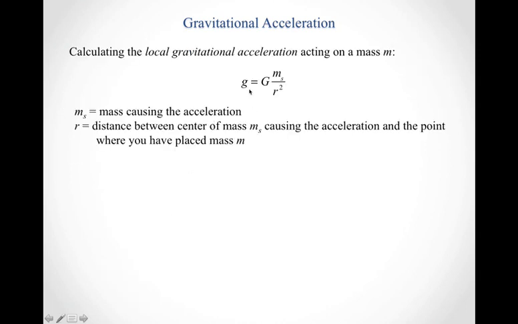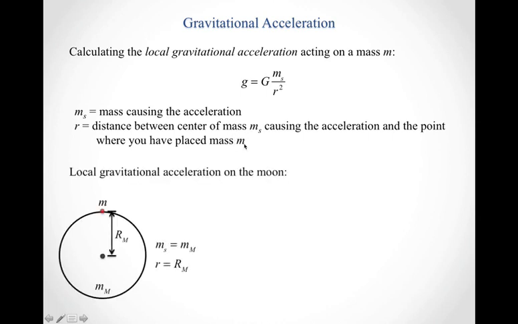We can calculate little g as the local gravitational acceleration that would act on any mass. That's given by big G times ms, where the s says this is our source mass, the mass that's causing the acceleration, divided by r squared, where r is the distance between our source mass and the point where you have placed your mass m.